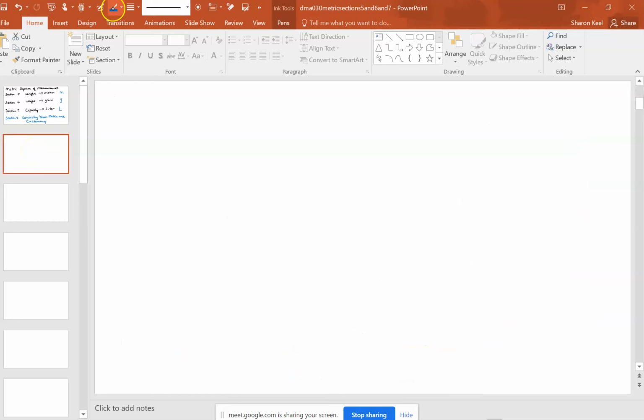So as we're looking at the metric system, we need to look at our prefixes. We have prefixes of kilo, hecto, deca. Then we have the unit itself.